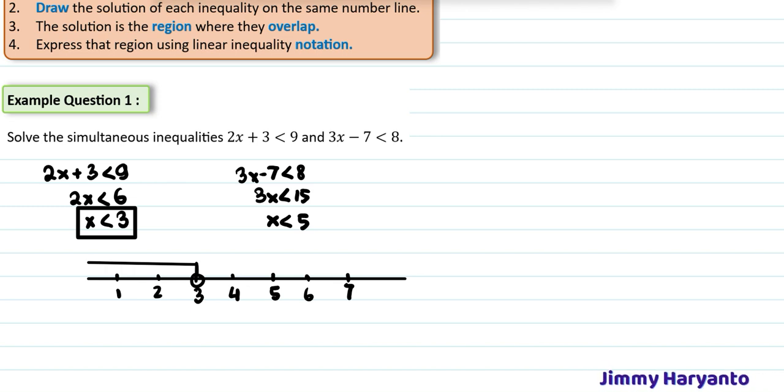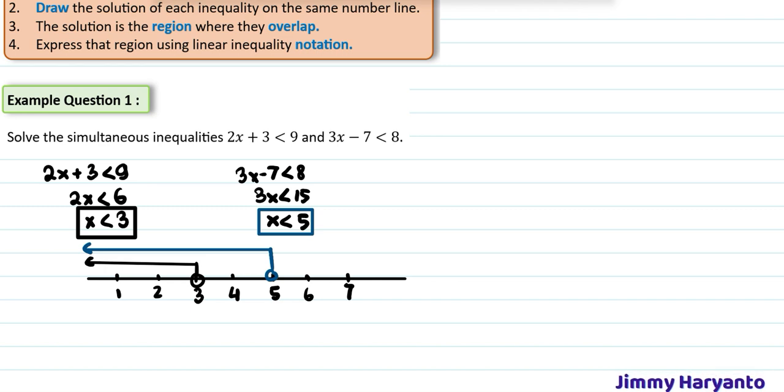Yeah, so this is for x less than 3, and then for x less than 5 I will use the blue pen, and I will draw it a little bit higher than the x less than 3, because if we draw it higher we will know which area is overlapped.